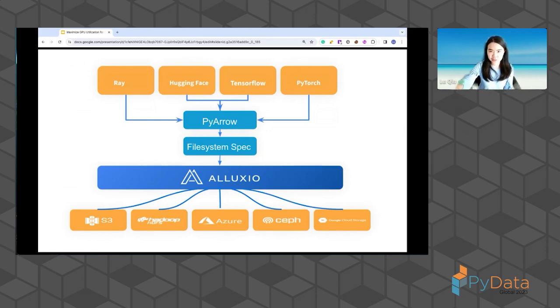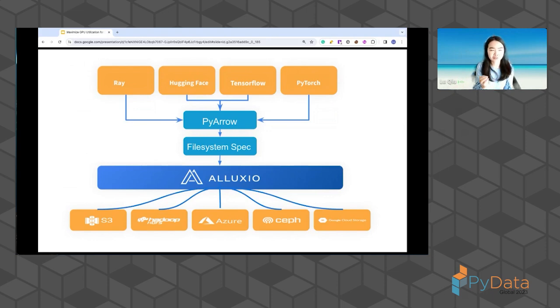PyArrow does a really good job in format translation, but it delegates the storage interface, the storage connection part, to another open source project called fsspec, or File System Spec. I love that project. It did a really good job. Using that project, you can access all the storage systems that you want, from public cloud storage to even some private storage systems provided by Databricks or Snowflake.